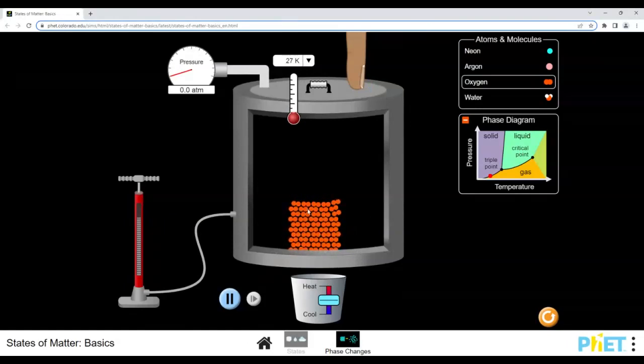There's motion, but they're holding their shape. If I just immediately start to lower the temperature, then once more you see that they wiggle less and less until eventually there's no motion at all right here, and we're back to a condensate.